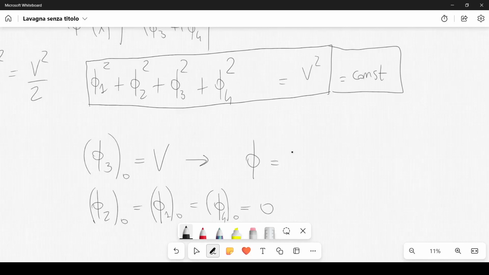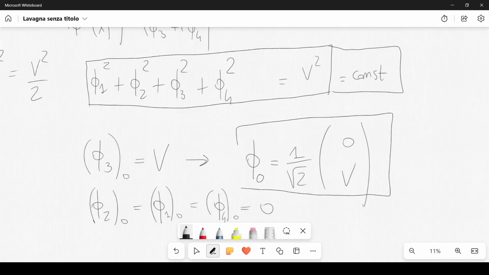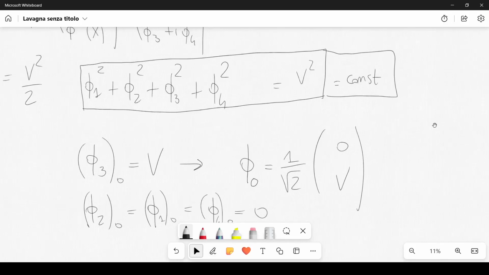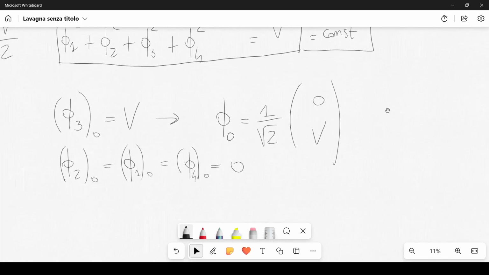So phi can be written in this form, 1 over square root of 2, 0, v, like this, and this is phi written in one of these particular degenerate states. So we have chosen one particular state by breaking the symmetry.